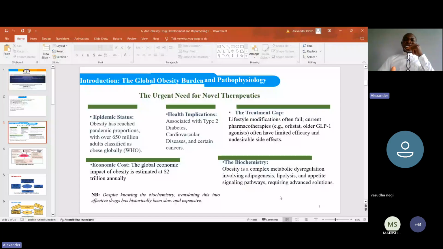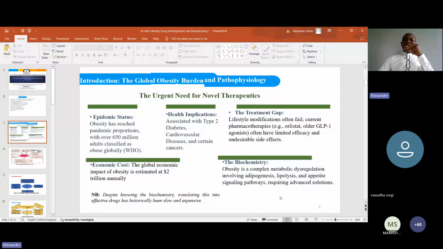This obesity challenge has persisted basically because of failure in the present pharmacotherapies, particularly Orlistat and some other drugs on the market that are glucagon-like peptide receptor agonists.